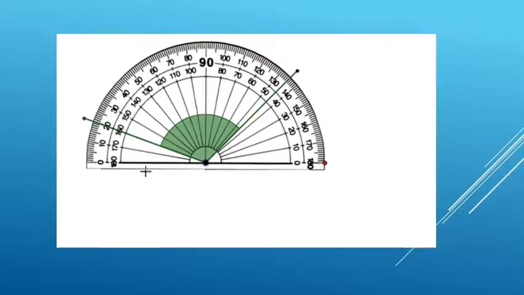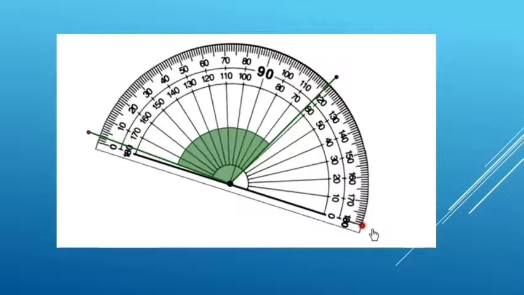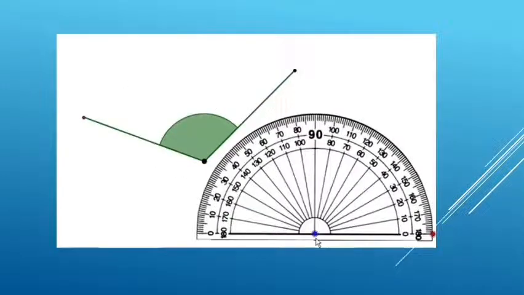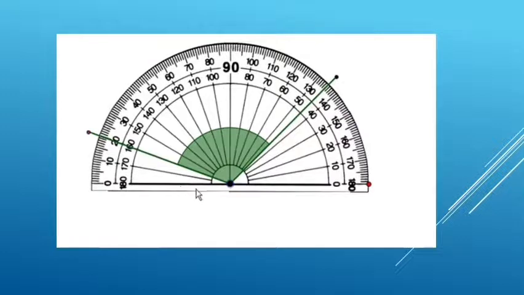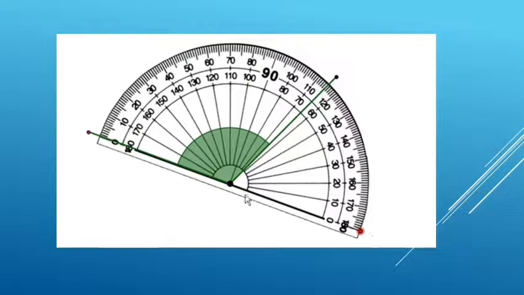See again. Yes. Here you can see 0, 10, 20, 30, 40, 50, 60, 70, 80, 90, and 115. It is between 110 and 120. So that means the measurement of this angle will be 115 degree.